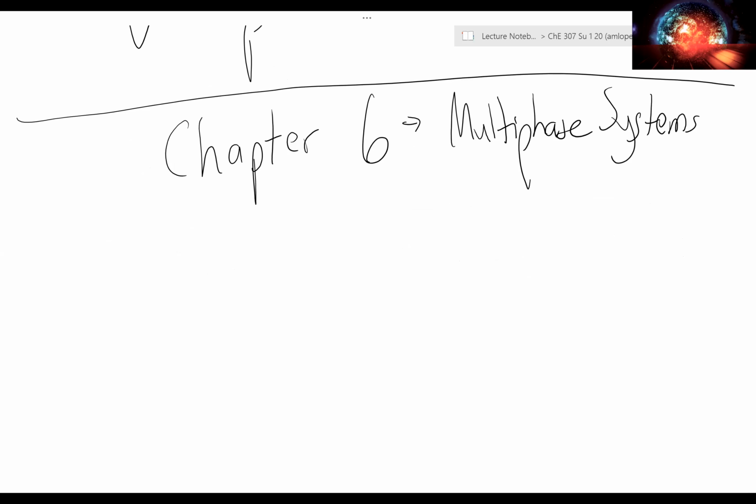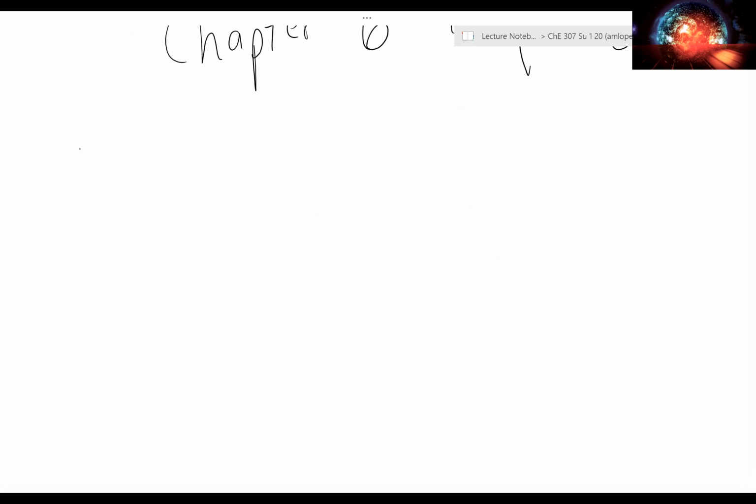So when looking at a multiphase system, one of the things that becomes primarily important is our use of phase diagrams.